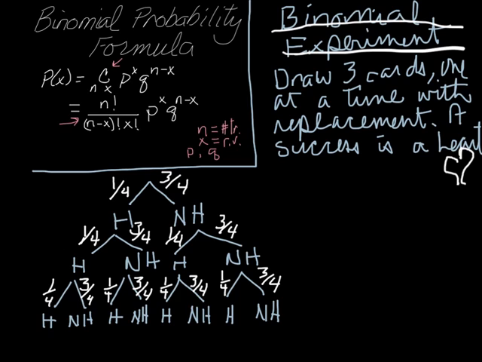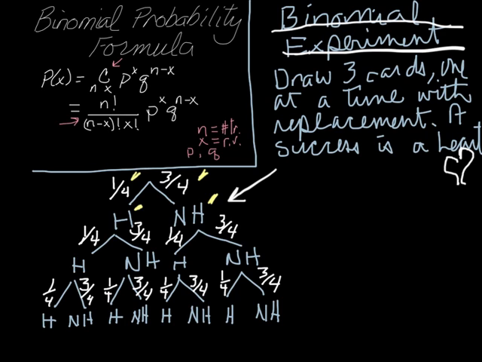Now, what I have made over here on this page is a tree diagram of this experiment. What you can see in the tree diagram, and this is from our probability lessons, is that I get a heart or not a heart, and the probability of a heart is 1/4 and the probability of not a heart is 3/4.